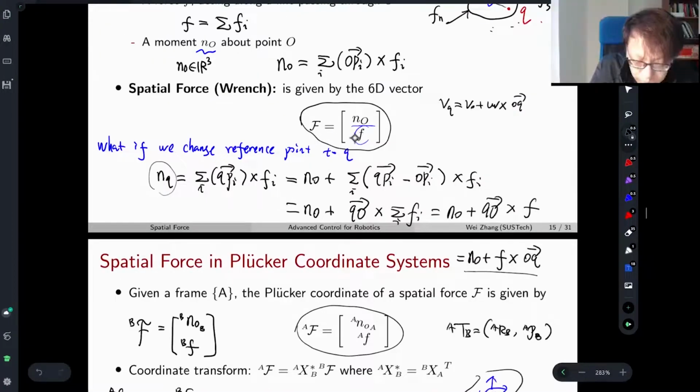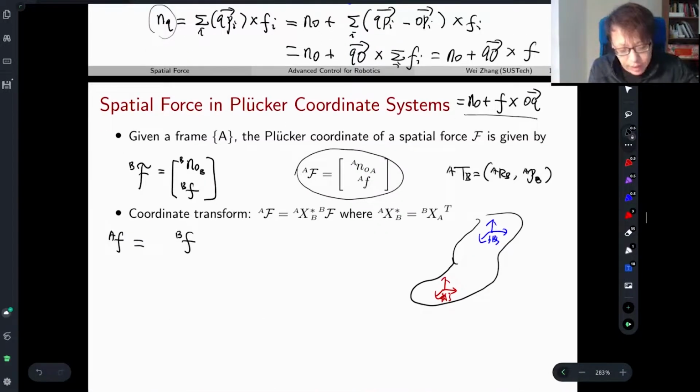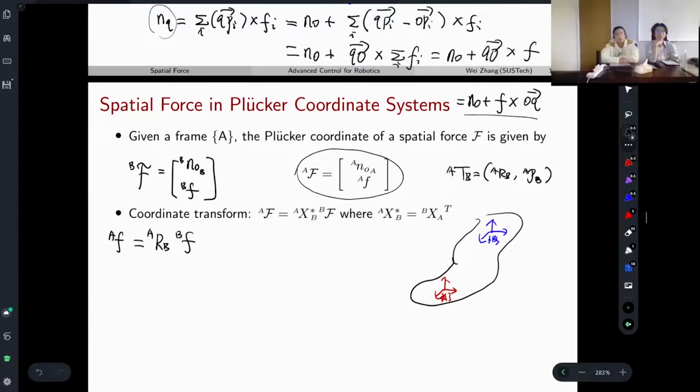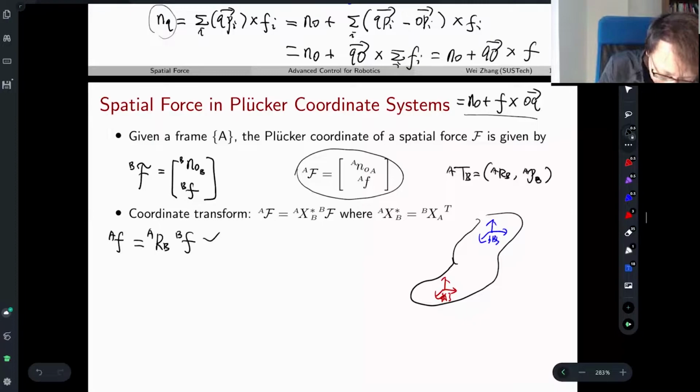So F here, the wrench is coordinate free. It does not have any coordinate yet. It only means all the vectors summed together is this F. And now I want to represent this F in A and B. What is the relation between these two vectors? It's R_BA, because F is a free vector. It does not matter, there's no reference point. So it's just which basis vectors you use to represent this free vector. I hope that's fine. That gave me my first relation.